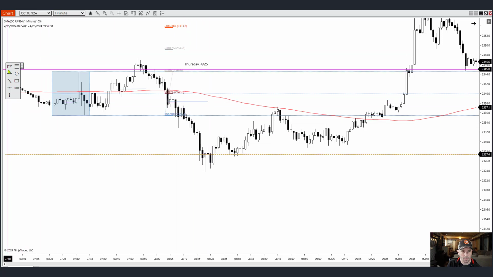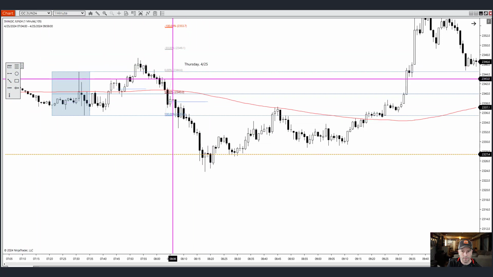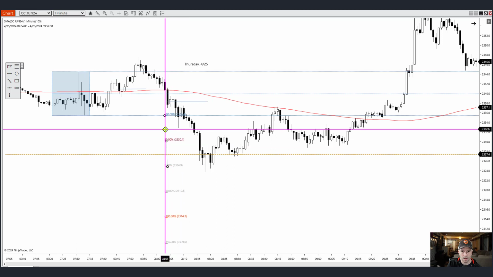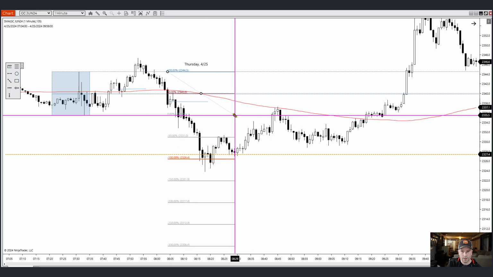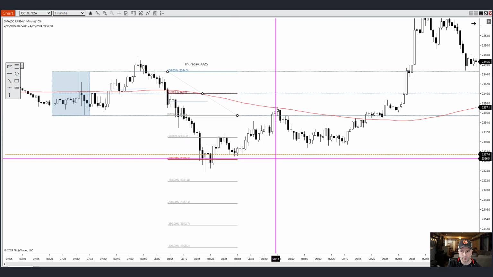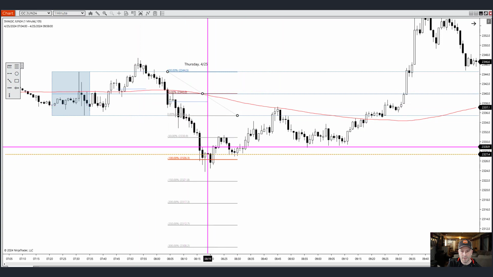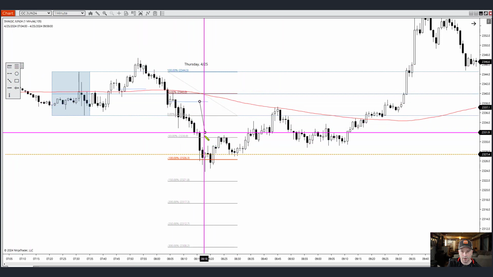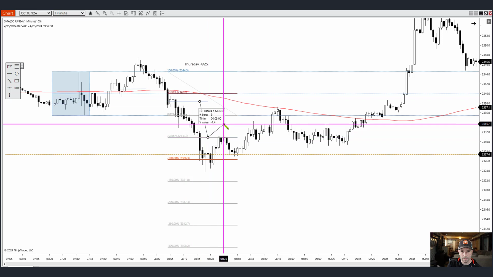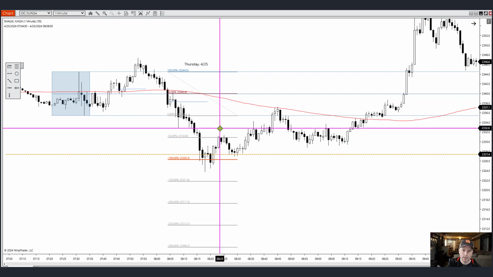It is a little choppy. Let's see where the extensions take us, depending on how greedy you wanted to get. I said before I would probably only be looking for this 50% mark here, which is 74 ticks. That's a pretty good move.